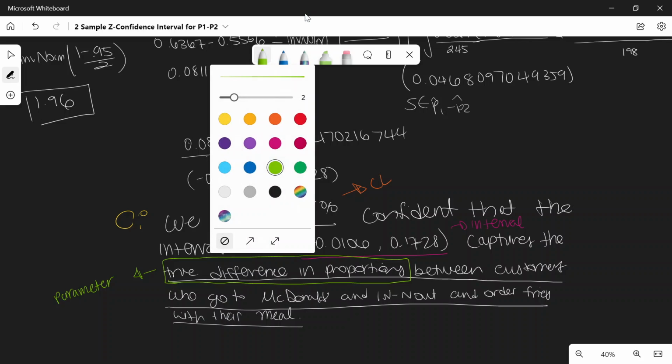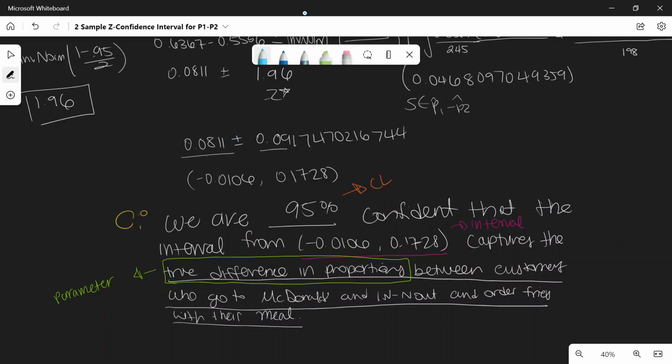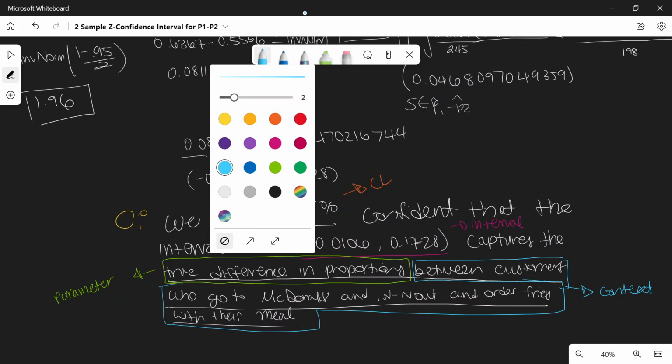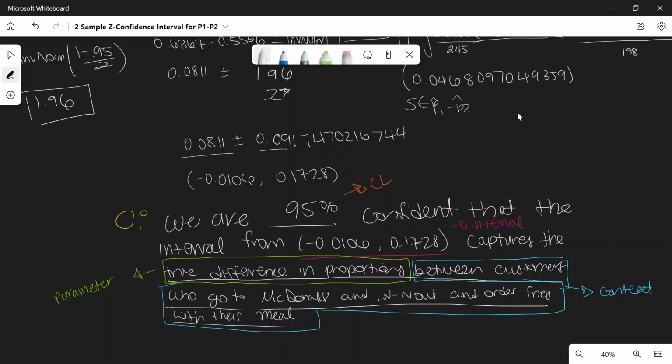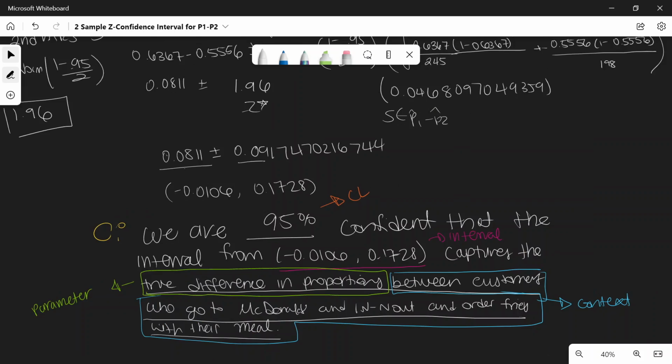And then you also have your context. This is your context, and this is your context. Okay, so that's your conclusion, that's a template for it, and that's what you want to write. That's all there is to it.